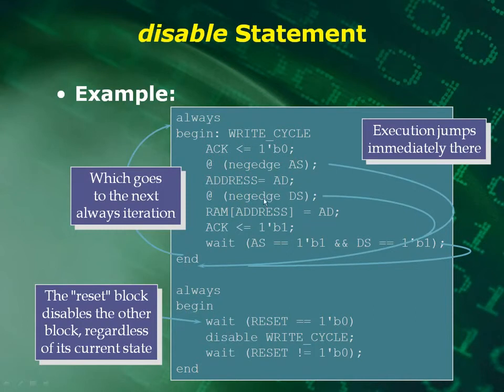If we should be waiting for the neg edge of DS, then it would jump down here because of the disable. And so the reset block disables the other block regardless of its current state. So no matter where it is in here, it's going to disable it. So this is a case where you can disable this block from a different block.